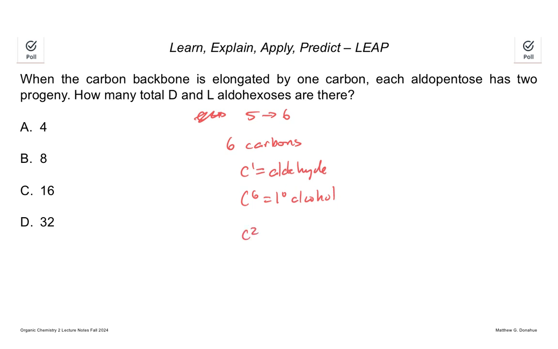So C2 to C5, 2, 3, 4, and 5, that's 4 carbon atoms that are secondary alcohols that are all stereogenic centers.